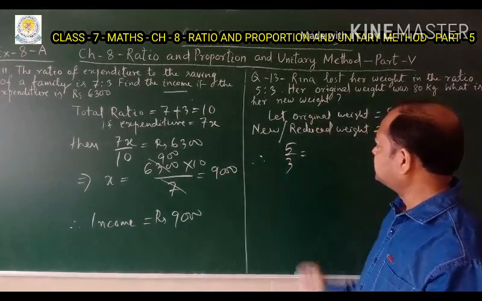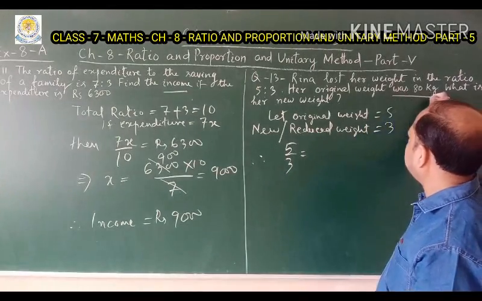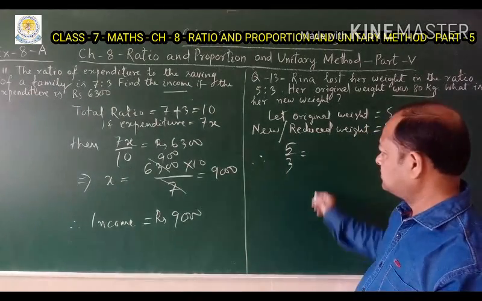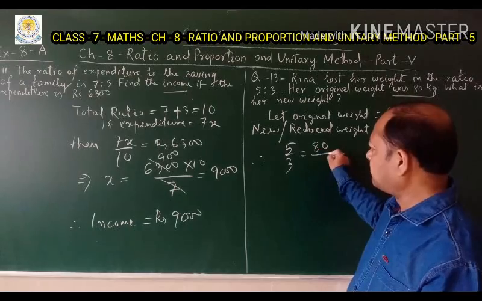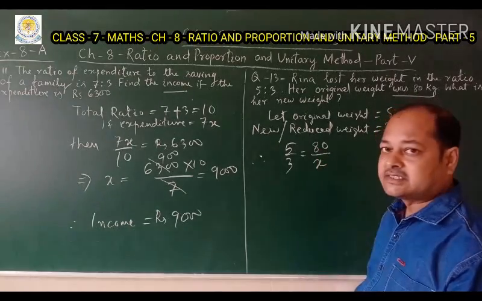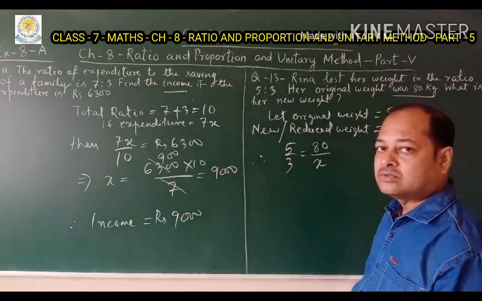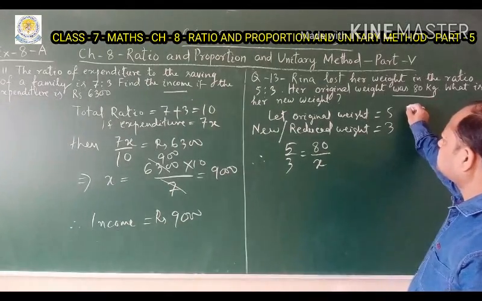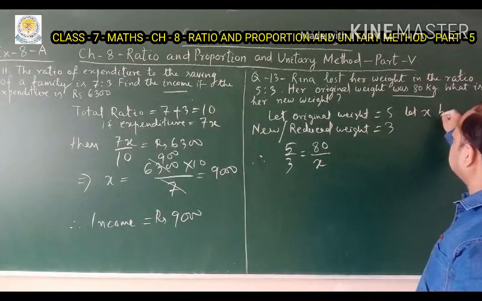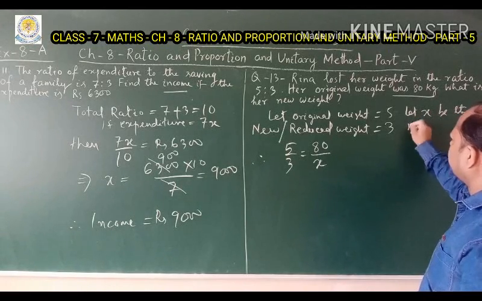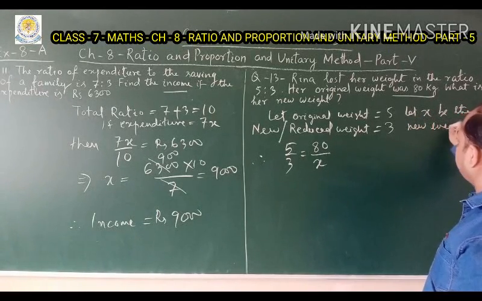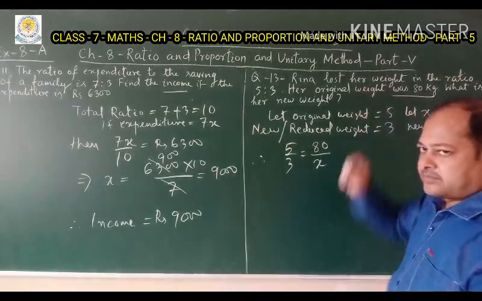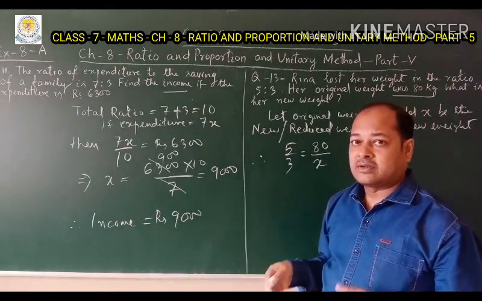And in the question it is given that original weight was how much? 80 kg. So equal to 80 upon x. What is x? The new weight. Okay, x is the new weight. Let x be the new weight of Reena.